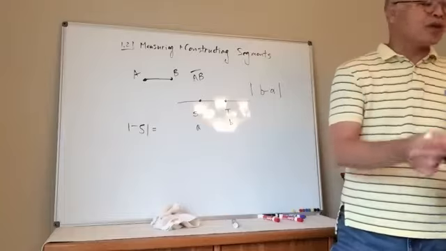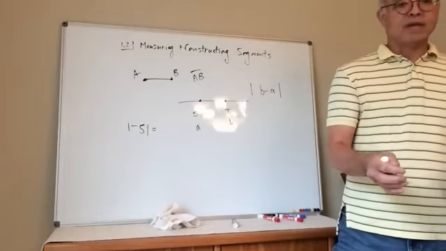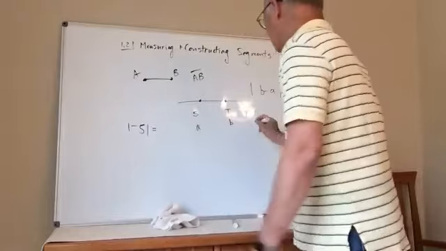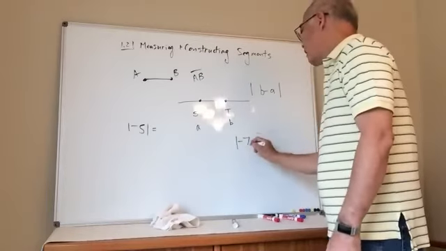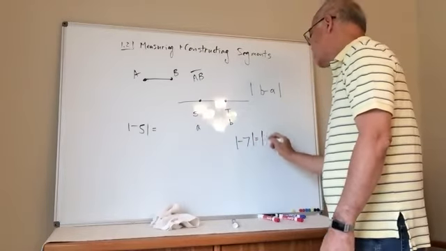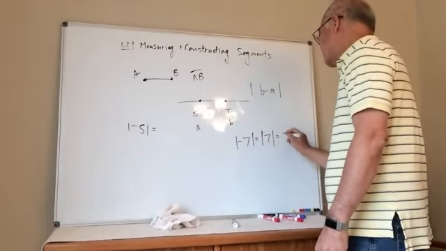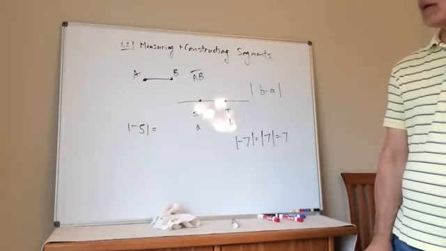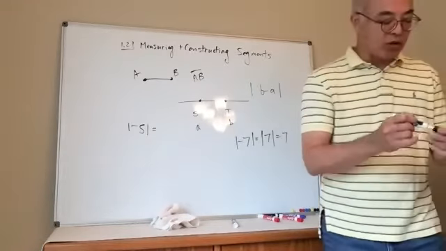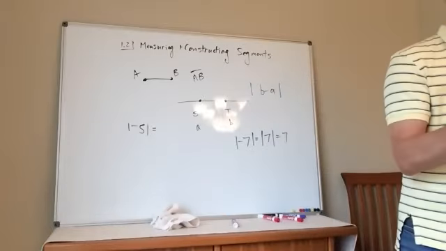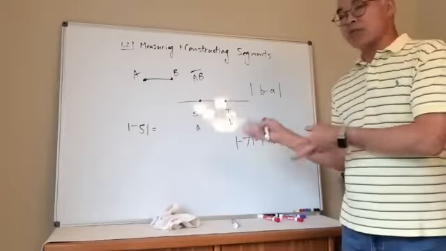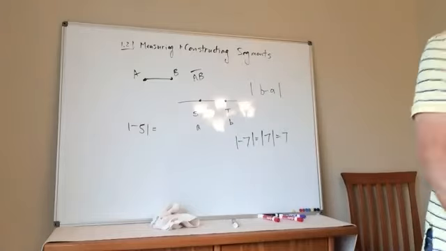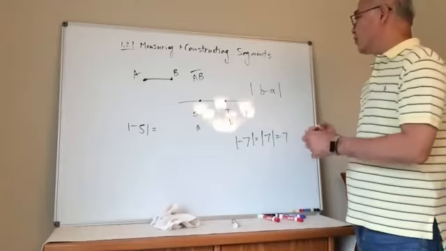It's really the magnitude of the number, okay? So in other words, -7 is the same as 7. The absolute value means that you disregard the sign, whether it's plus or minus, and they all become plus. Okay. So the distance is given in this.